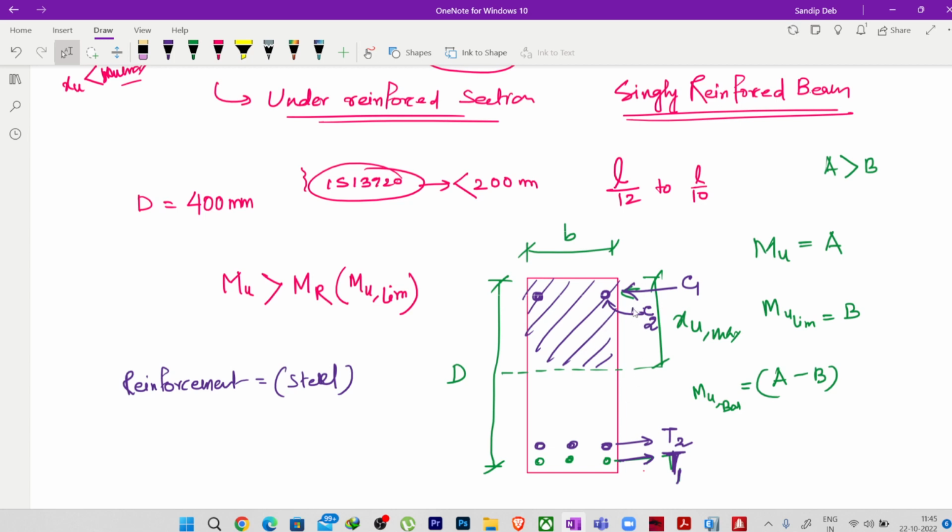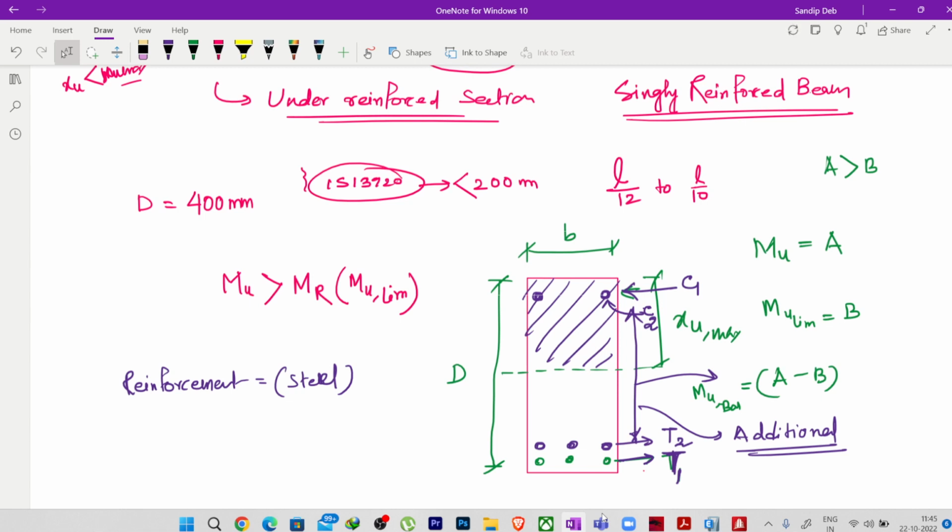We have created the tension compression couple, which is the additional one. So this is my additional tension compression couple. We have the first one and we have the second one. This tension compression couple is meant to take the additional balance ultimate moment that we are having.